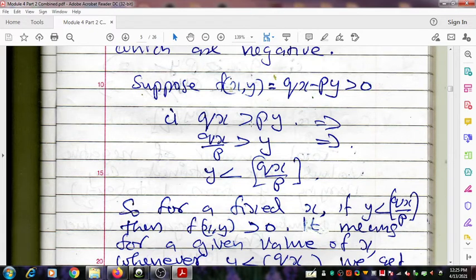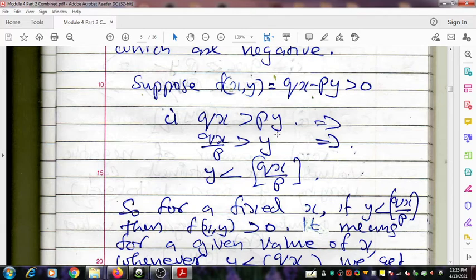Here this is done by fixing x. For this step we fix the value of x. That means we consider a particular value, first x equal to 1, and after obtaining this quantity, we go to x equal to 2, calculate this quantity, and again for x equal to 3.